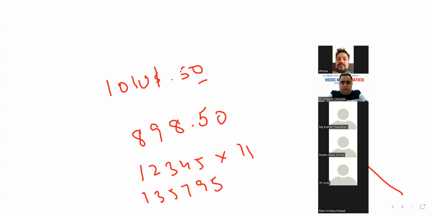If this is a question for you, what you'll do is write 576 and below that write 121 and you will start. But a student of Vedic maths will not do it this way. He'll just visualize, oh, 121, this is a multiple of 11. So 576 into 11 becomes 6336. And again into 11 becomes 69696. Finish.